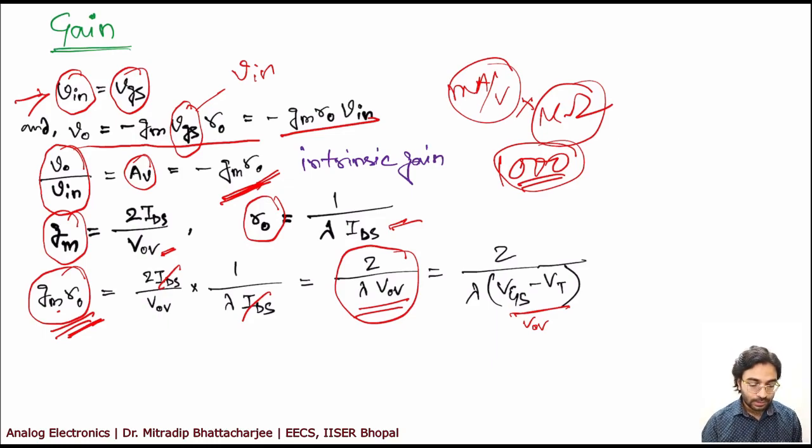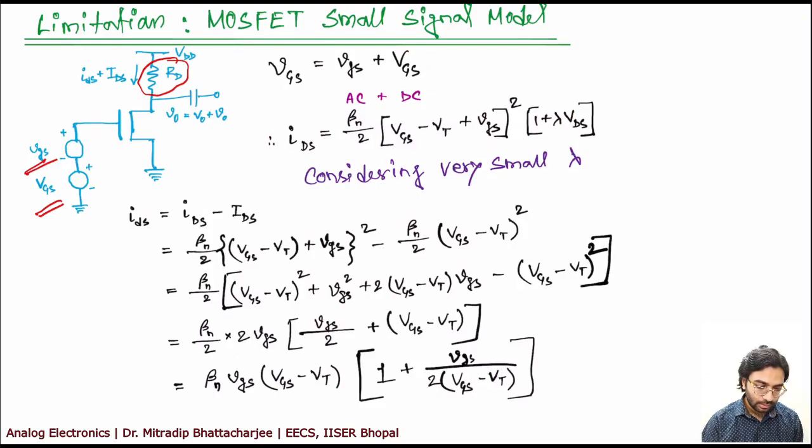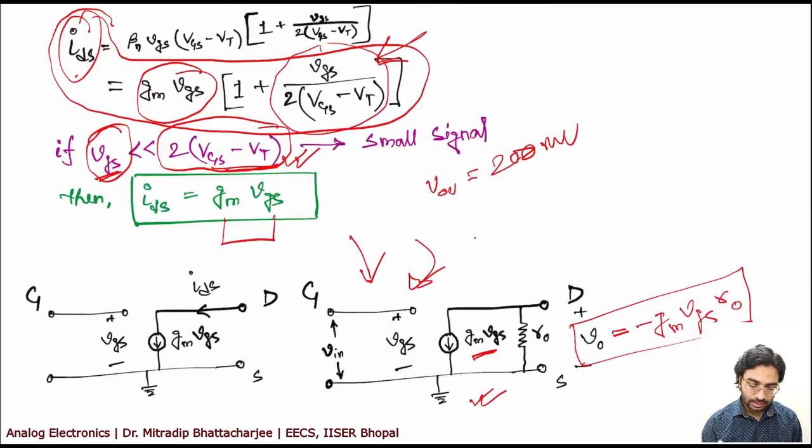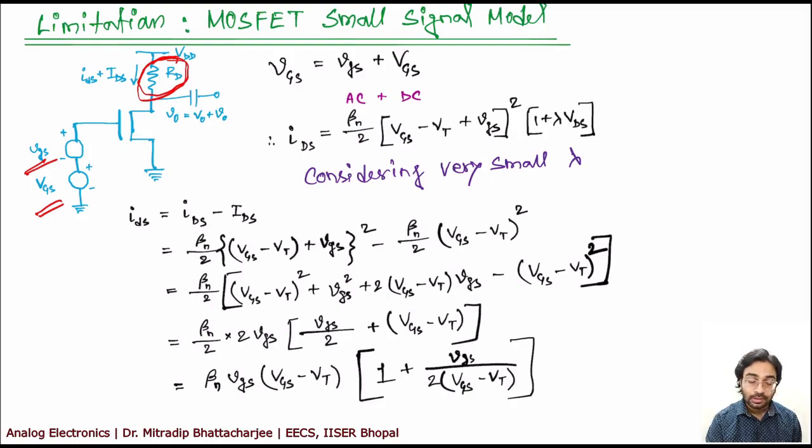Okay. Now, let us look at this circuit. If you place this RD term in the equivalent circuit of this, where will it come? The RD term is towards output, right? And in AC, we actually consider the supply grounded.